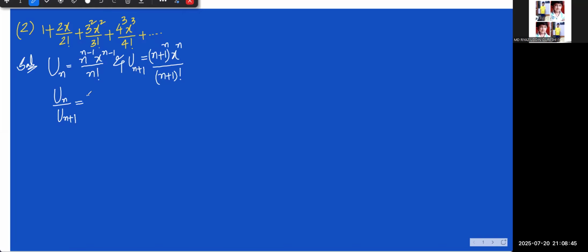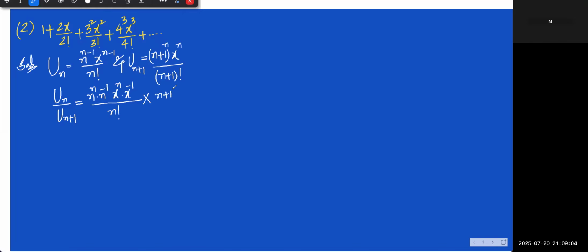That can be written as n to the power of n into n to the power of minus 1. Is this accepted? X power n into x power minus 1 divided by n factorial multiplied by n plus 1 factorial, divided by, here I want to take n power n common.